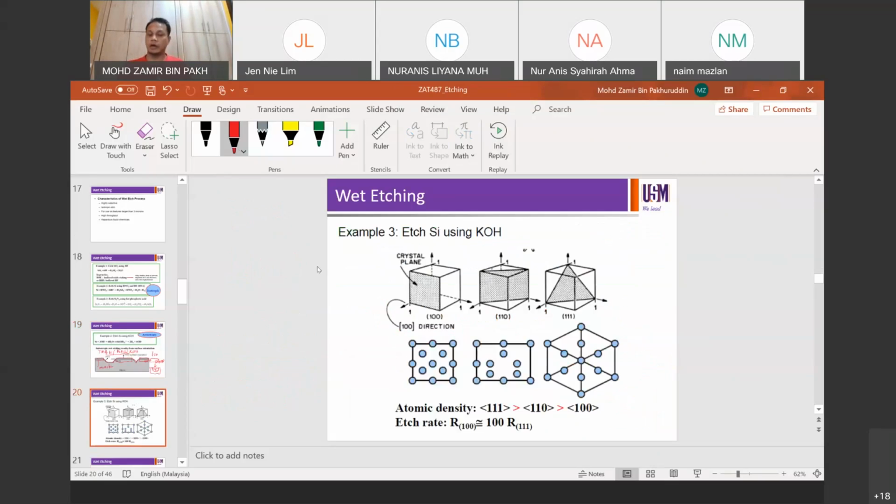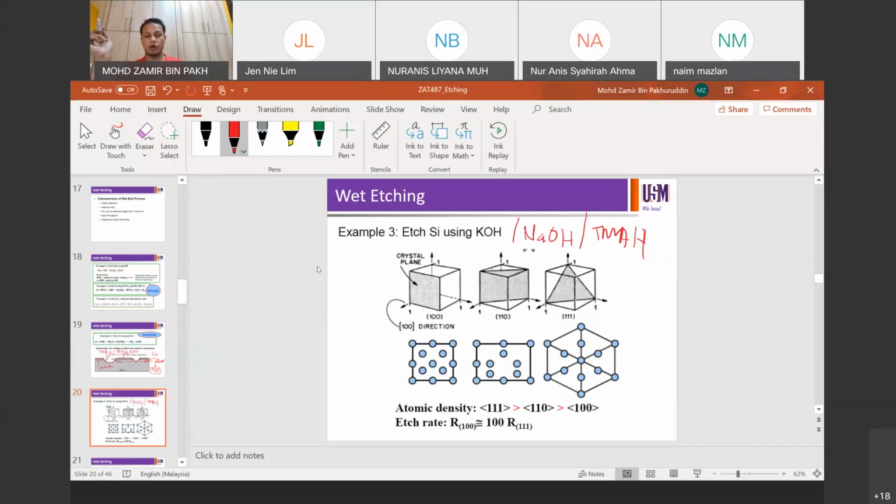Right? Okay, this is KOH or NaOH or also TMAH, all the same. So the idea is wet etching. The atomic density of 111 is higher than 100. So the most dense is 111. That's why the mobility of carriers is lowest in 111, just like what we discussed before.